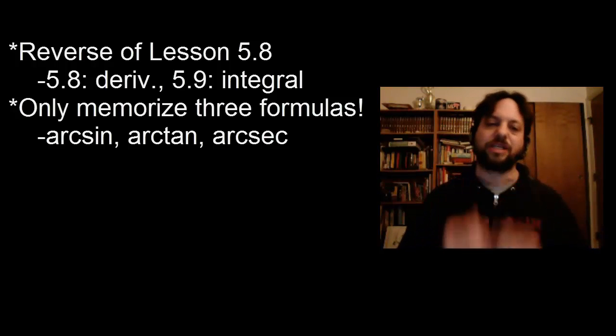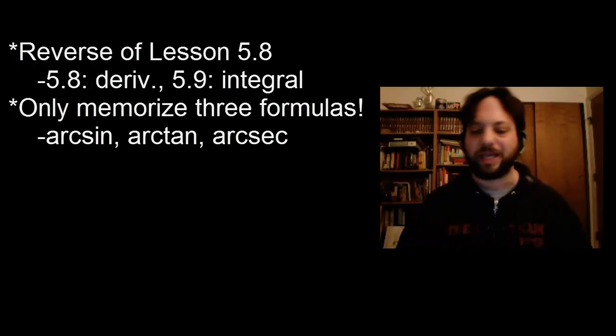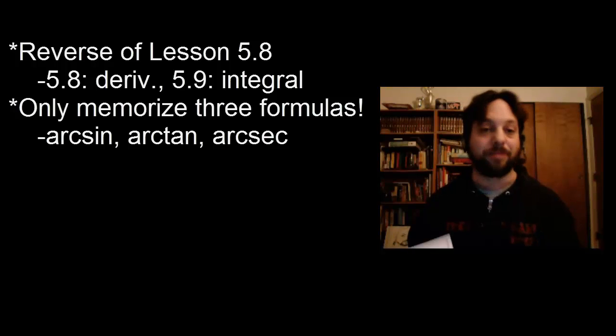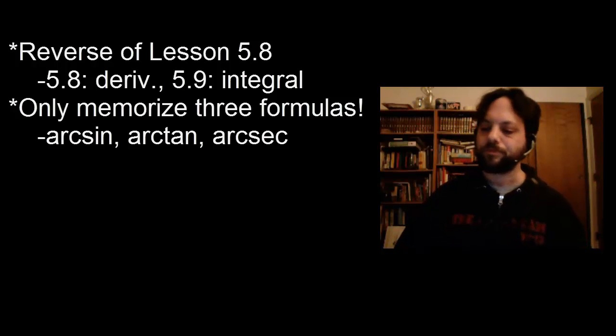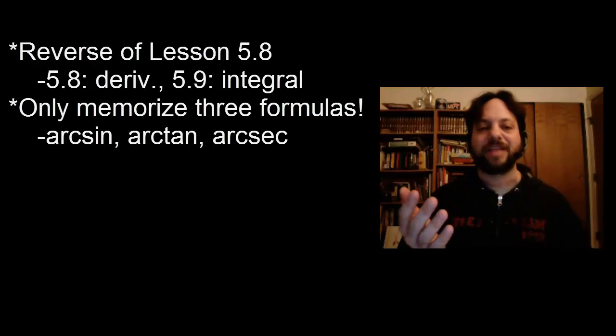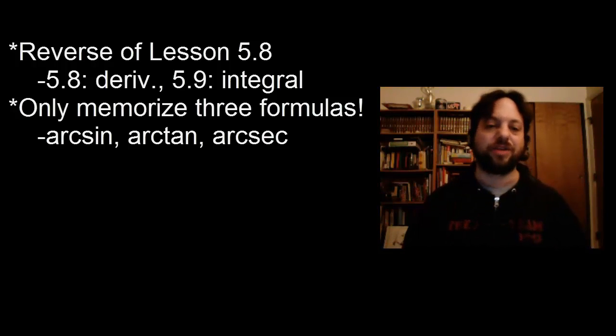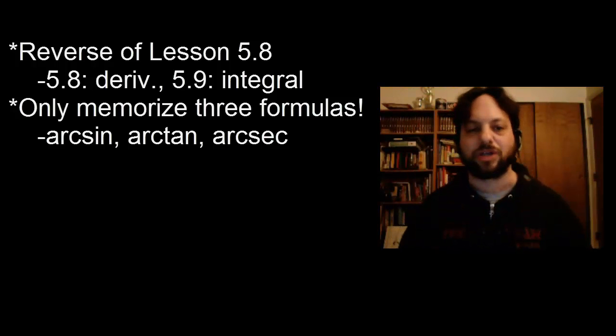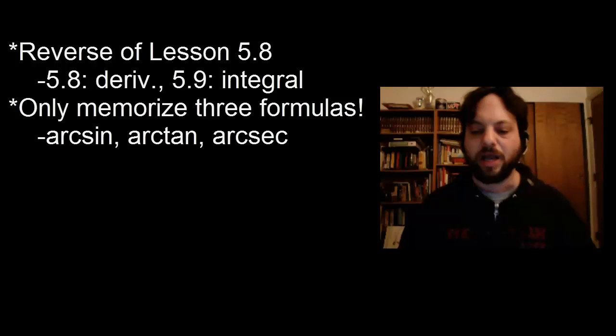Arcsine, arctangent, arcsecant, they occur in pretty even doses. Not everything is always arctangent, although it kind of seemed like that in these notes. So you only need to know those three formulas, because if you have the negative of them, then you can simply balance it with a negative inside and a negative outside, resulting back into an arc function again.